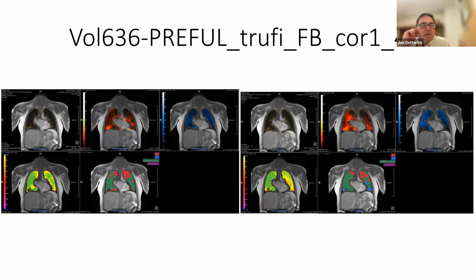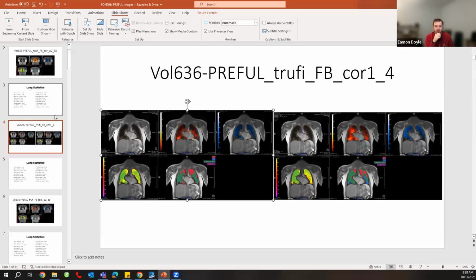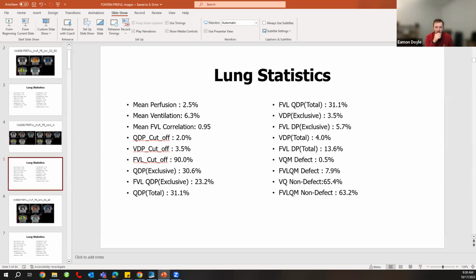I think Stanford's got the statistics on another slide. I have the data also on an Excel file, but this is the data without oxygen, and then I have the data for the oxygen. I haven't compared them side to side on this PowerPoint though.